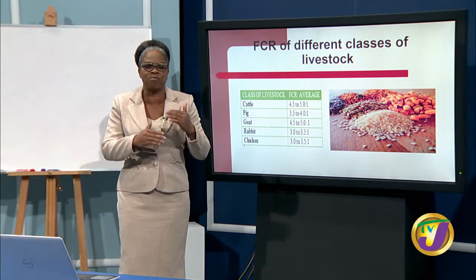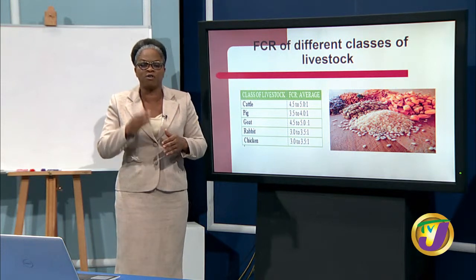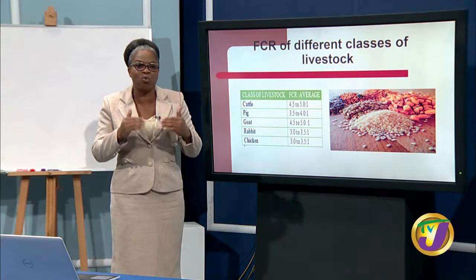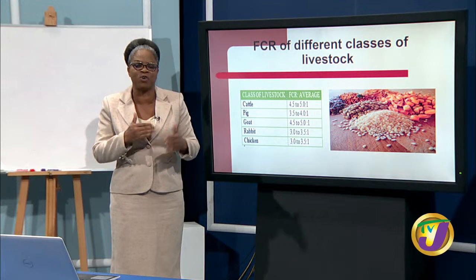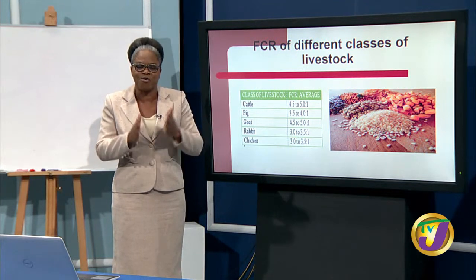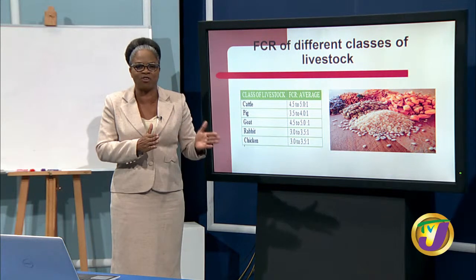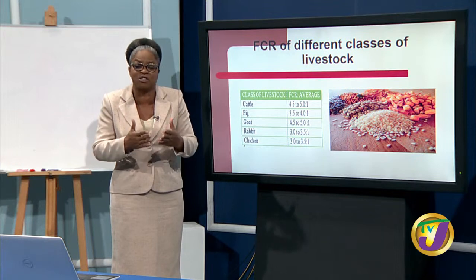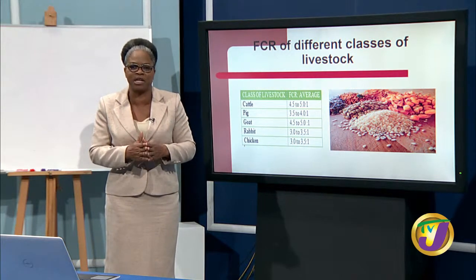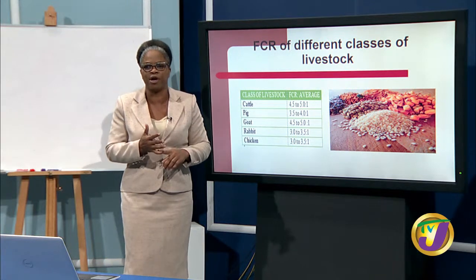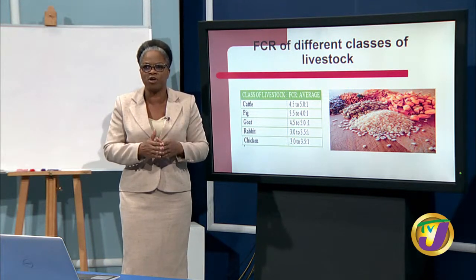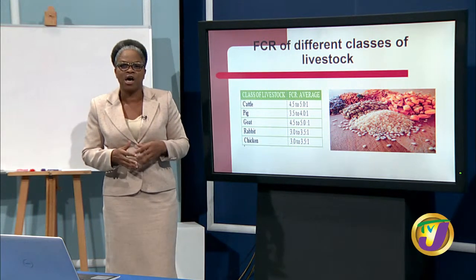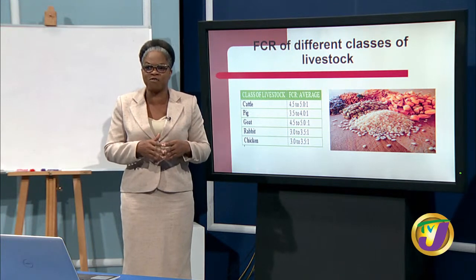And so when you raise your broilers at your different schools, you then need to work out your feed conversion ratio to see if you're doing better than what they have here, because it is very important for you to always compare to see if you're right there in the average, or you're doing better if it is low, or you're way above that, because it means that you need to go back and look at your management practices in order to ensure that you're having what we call a good feed conversion ratio.